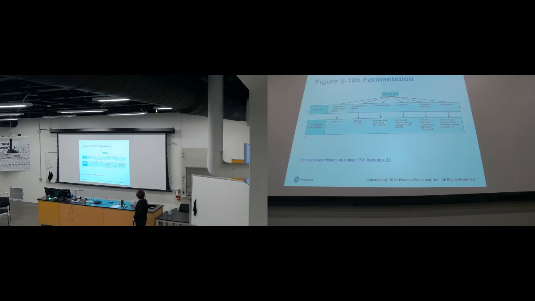And there are subspecies of these bacteria that produce certain products. And then E. coli, Salmonella, produce ethanol, lactic acid, succinic acid, acetic acid, CO2, and hydrogen gas. Enterobacter species produce ethanol, lactic acid, formic acid, butanediol, acetoin, CO2, and hydrogen.